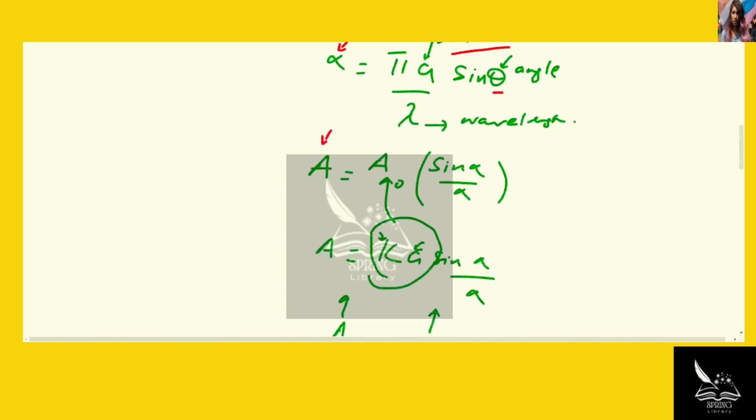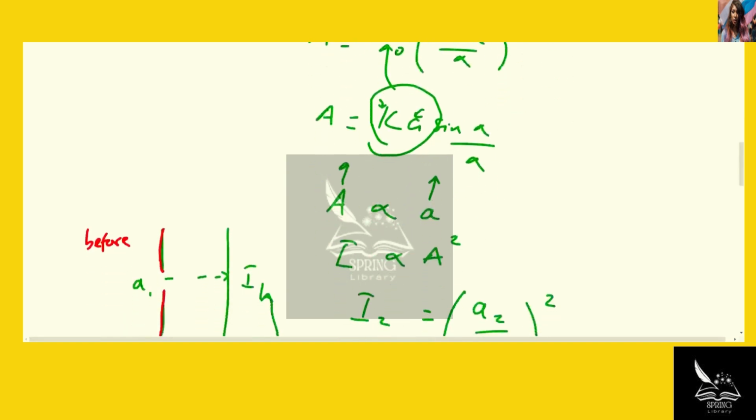The amplitude is the initial amplitude times sine alpha over alpha. The amplitude is proportional to the slit width, and the intensity is proportional to the amplitude squared.